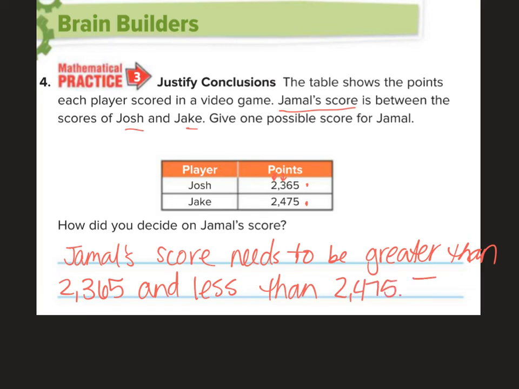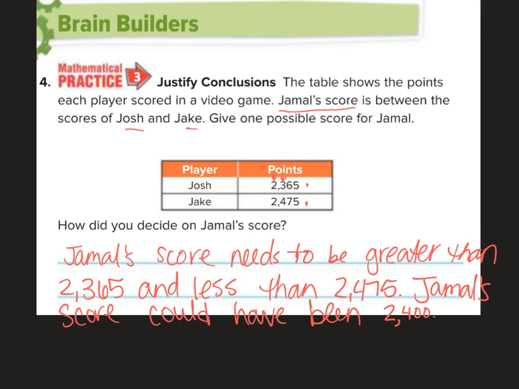So then I'm going to say Jamal's score could have been, let's do 2,400. Right, you could pick any number between those two.